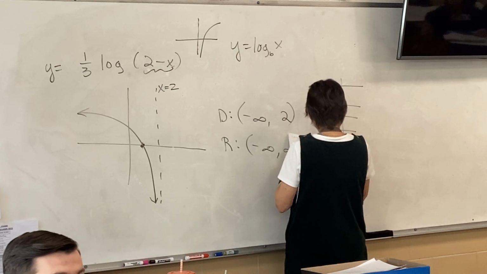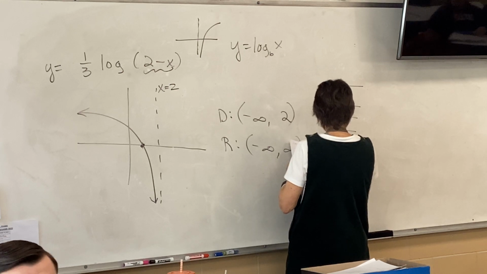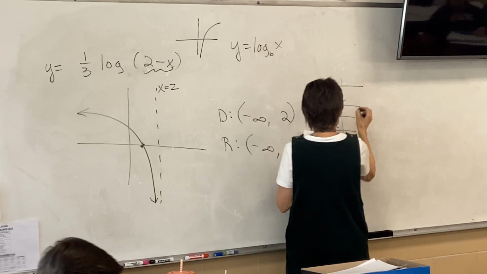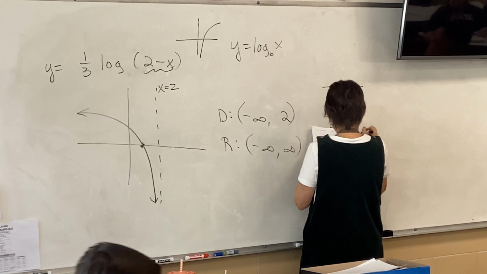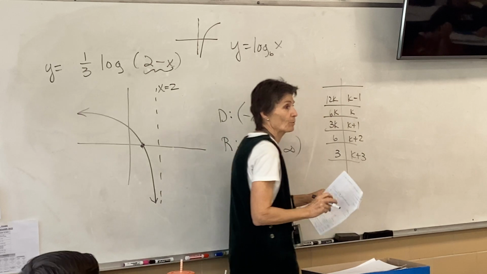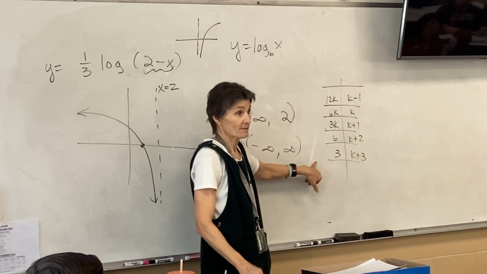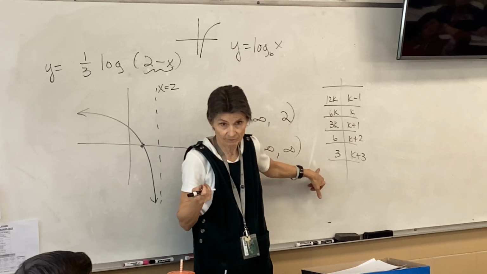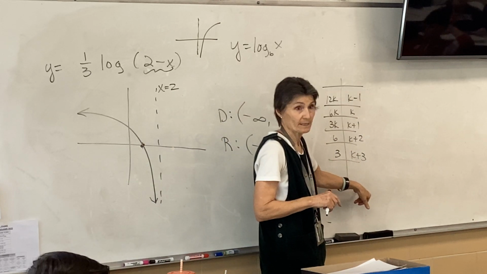So, what does it mean to be logarithmic? What does it mean in terms of my table values if I'm logarithmic? These are being multiplied, so these are changing multiplicatively, and these are changing additively, right?